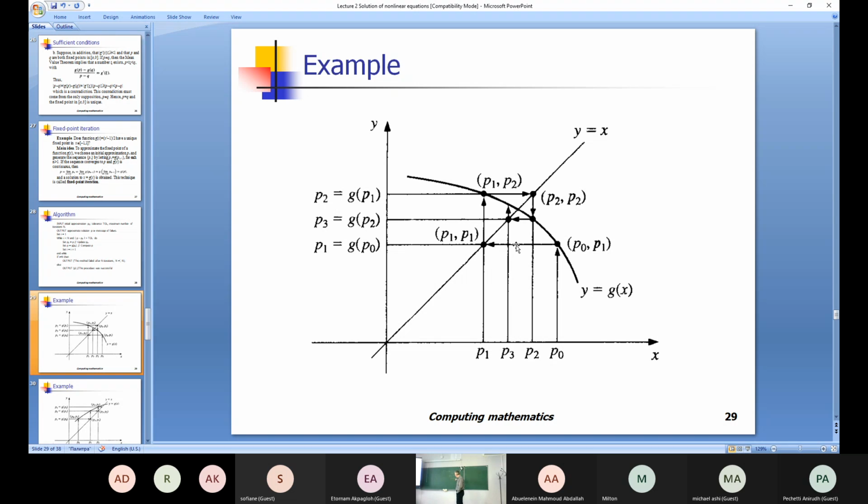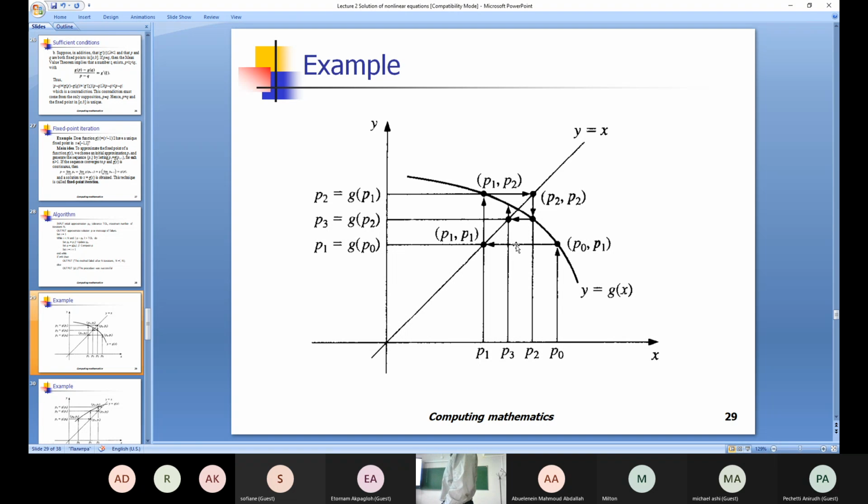The fixed point for this function will be the zero point for the original function. When we solve this problem, we simultaneously solve this one. Okay?